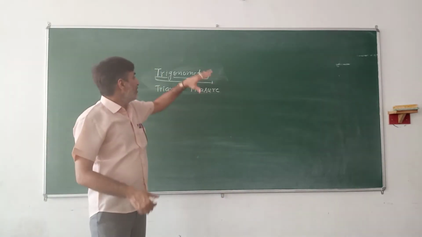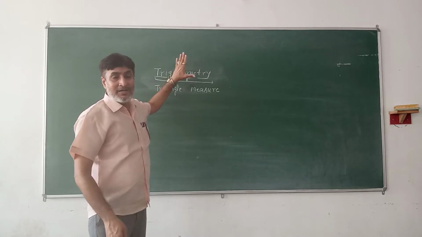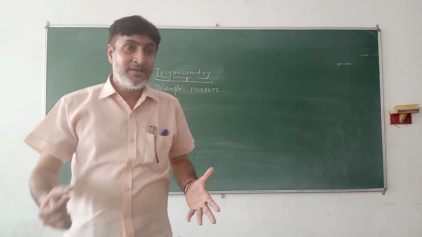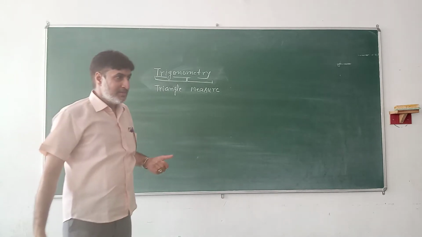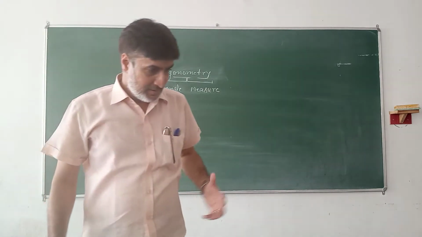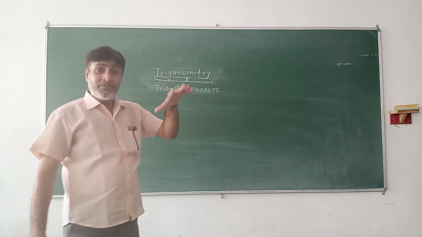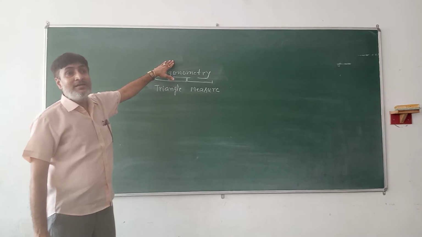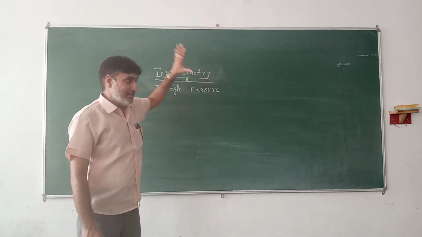Students, as you know, in a triangle we have 6 parts, 3 sides and 3 interior angles. Up to this level of class 10th, we apply trigonometry in the case of right triangles.